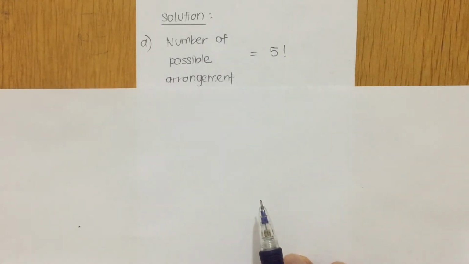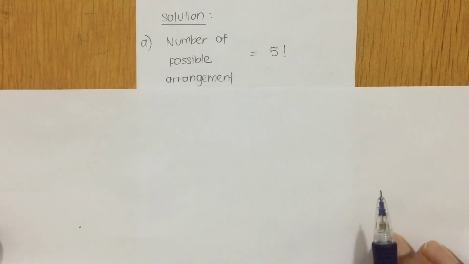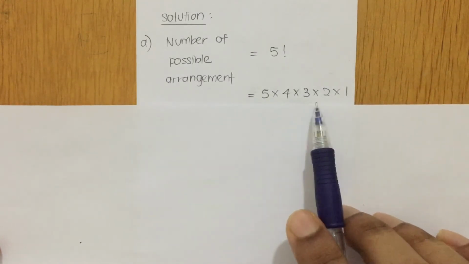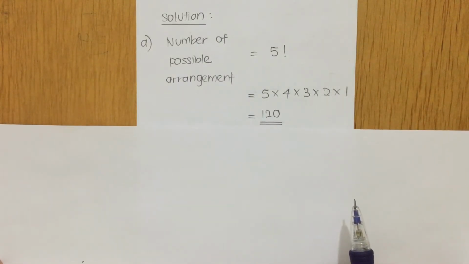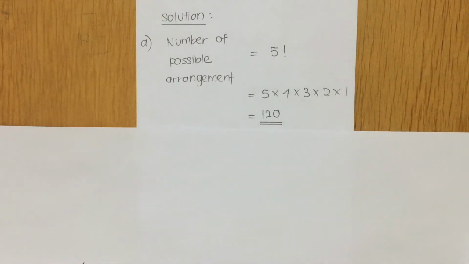Since you have 5 cards of different letters and there is no restriction, you just calculate 5 factorial, which is 5 times 4 times 3 times 2 times 1. So you have 120 possible arrangements of the 5 cards of different letters. This is your answer for part A.